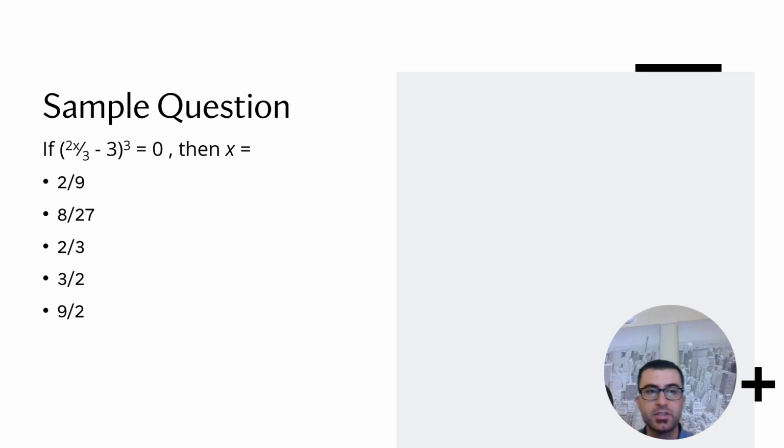Okay, the question is: if (2x/3 − 3) to the power of 3 is 0, then x is... Well, the question looks a little scary because it's to the power of 3. It's usually hard to memorize those numbers to the power of 3 or third root.